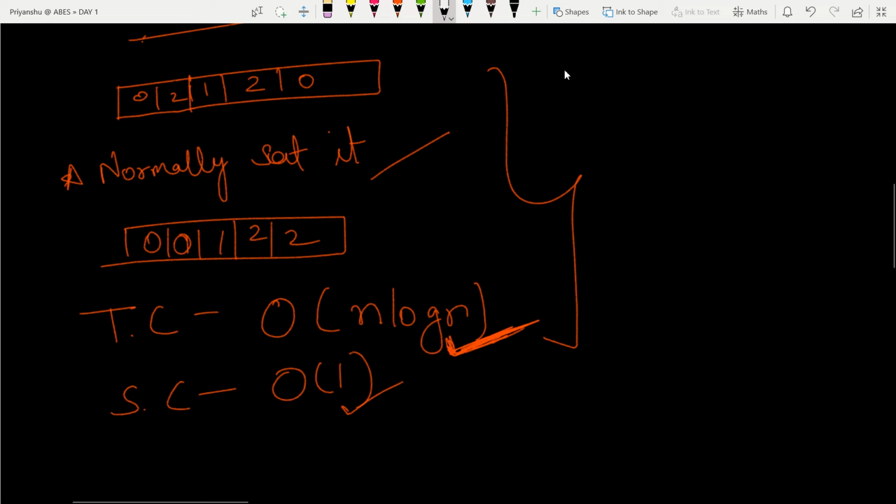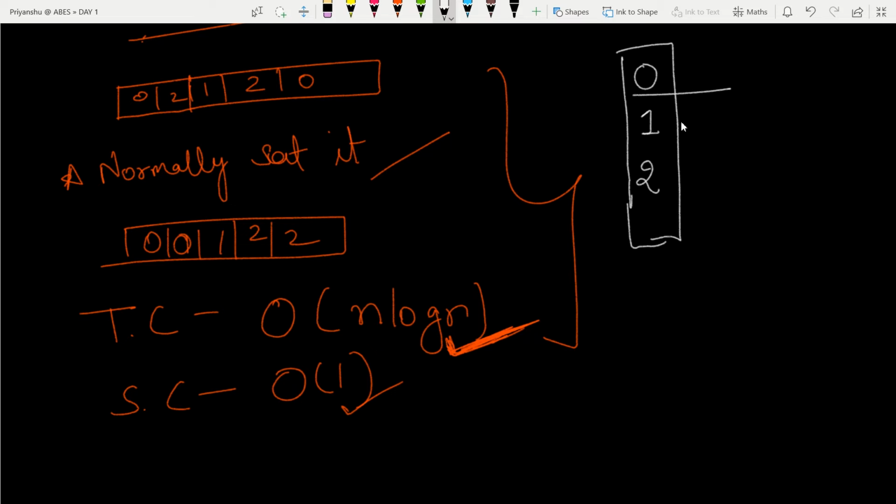If the array only consists of 0, 1, and 2, then we can traverse the array, maintain an array of size 3, which is essentially a hash table, and store the frequency of each of 0, 1, and 2.